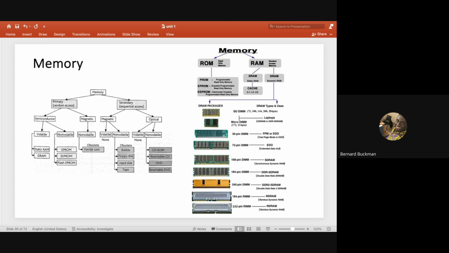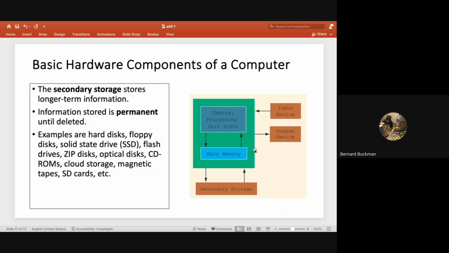Now away from that, we have secondary storage. Secondary storage is the permanent space where all your data which you don't want to lose are stored on the computer. Secondary storage stores the information permanently.